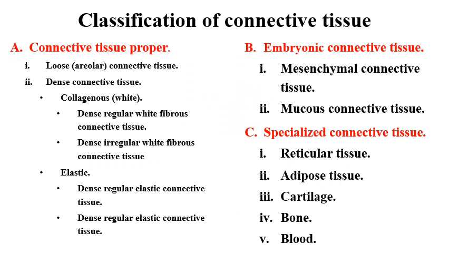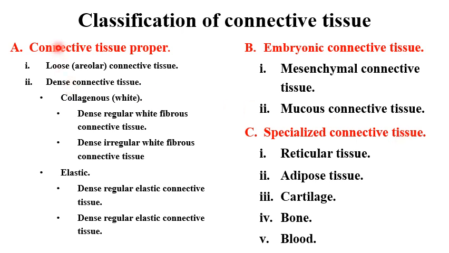We have finished the first part of today's lecture. Now, I'm going to talk about the classification of connective tissues. Connective tissues are classified based on densities of cells, fibers, or extracellular matrix components. They are classified into connective tissue proper, embryonic connective tissue, and specialized connective tissue.